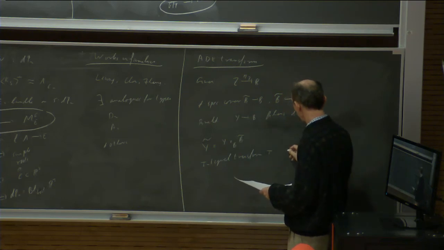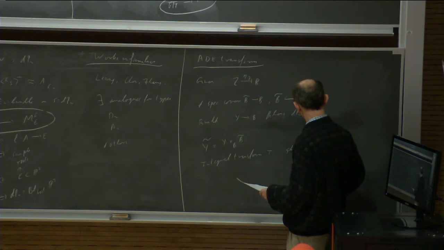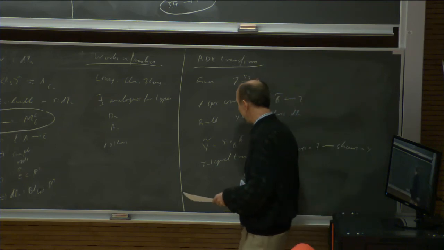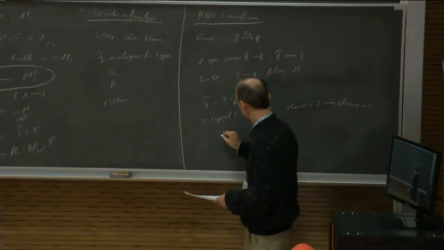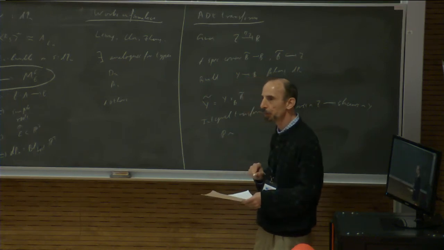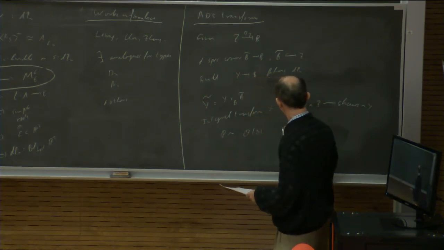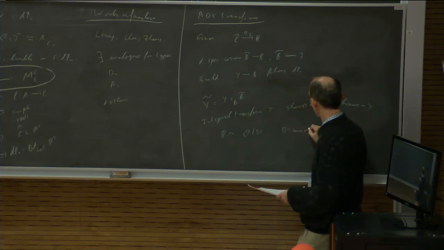So this converts sheaves on Z to sheaves on Y. And very roughly, this kernel, the thing that replaces the Poincaré sheaf, looks like O of D, where D is the universal line.